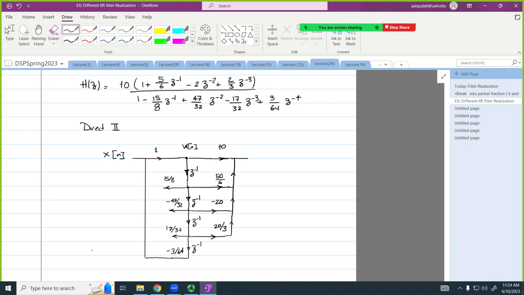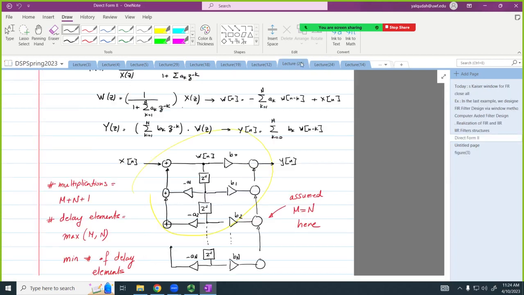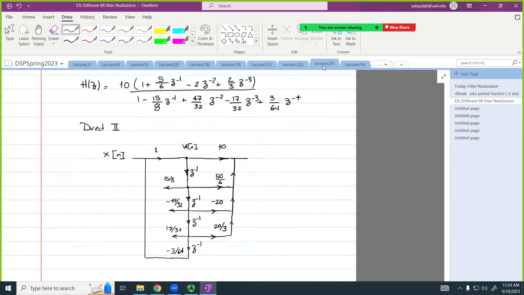So negative 15 will be 15, 47 over 32 becomes negative 47 over 32, and so on. And again, this comes directly from that derivation. So here we multiply the coefficients by a negative sign. So this is the direct form 2 realization.